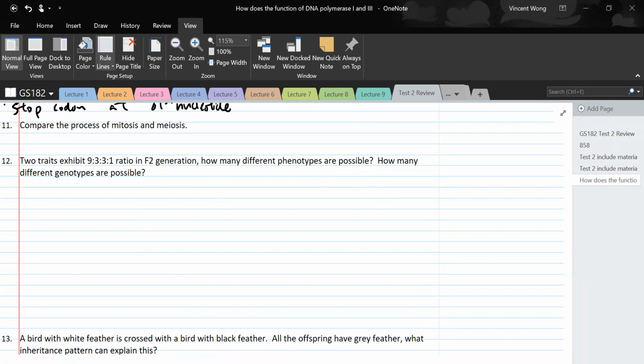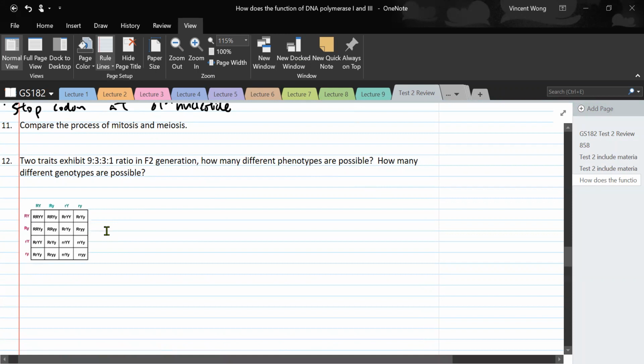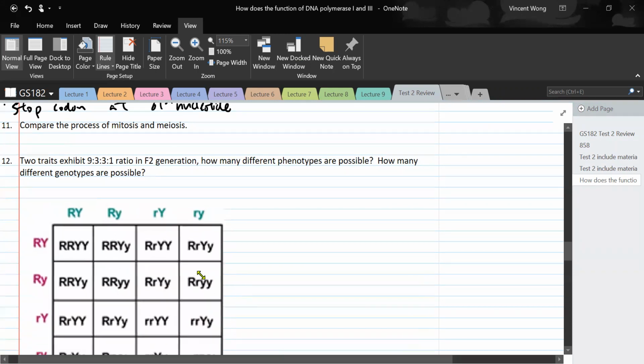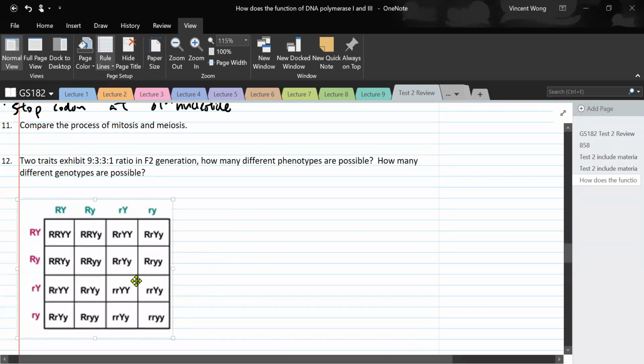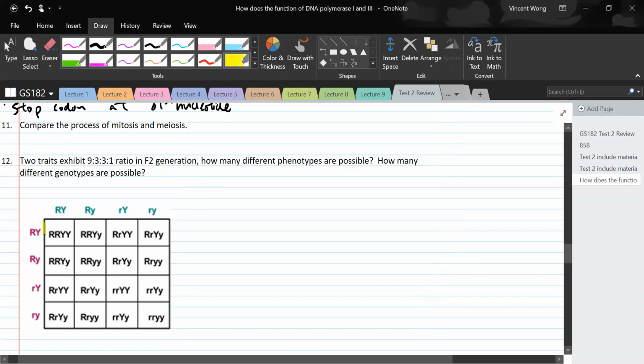Okay, so basically you want to know this particular Punnett square, right? And we do this when there are 4 gametes. That gives you the 9:3:3:1, and we highlighted those when we had this lesson.